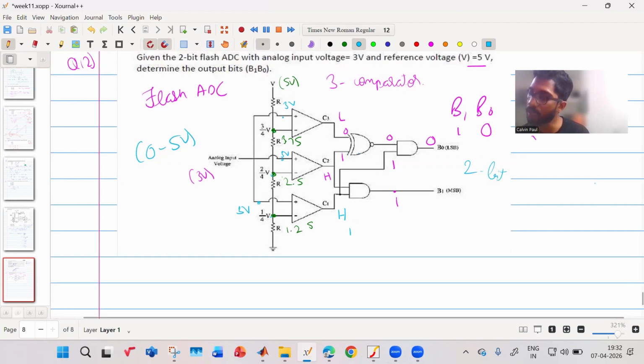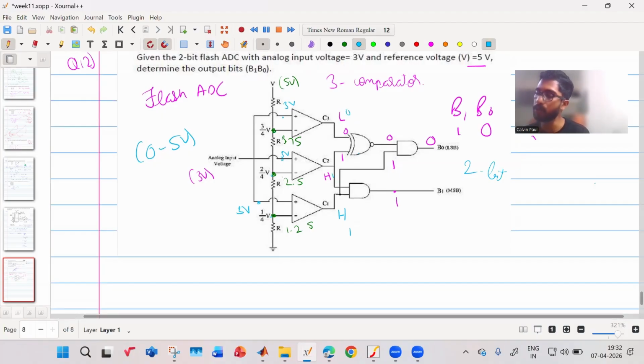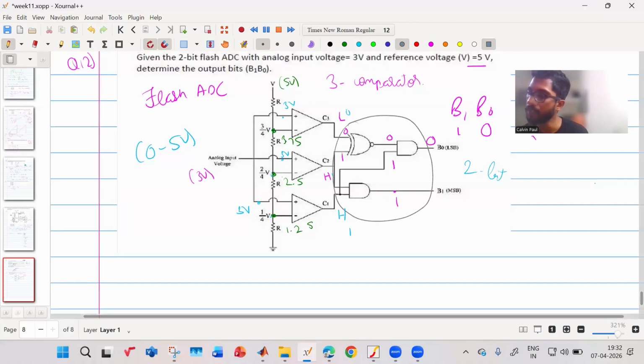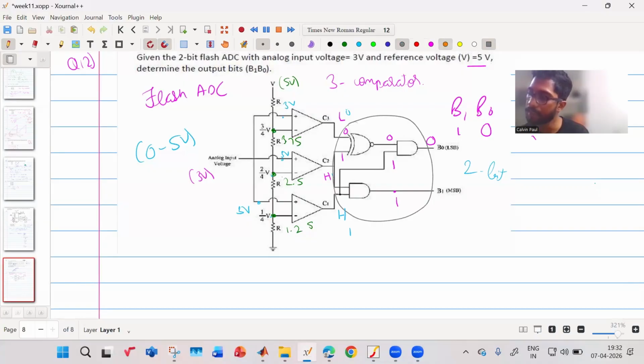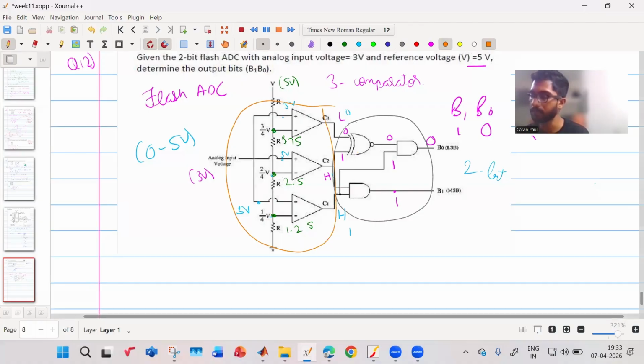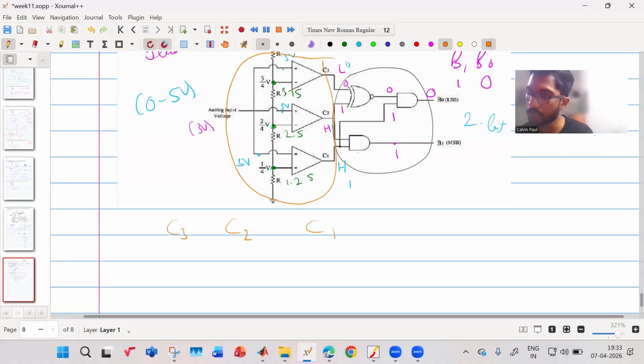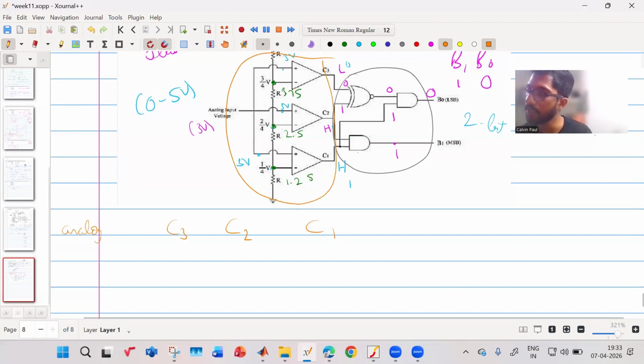So these have to be decoded. That's the decoding part, and this does the comparator part. Basically, you can have C3, C2, C1, and you have analog input, and your digital bits, that is B1 and B0.